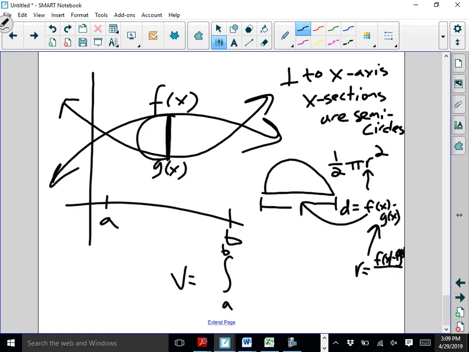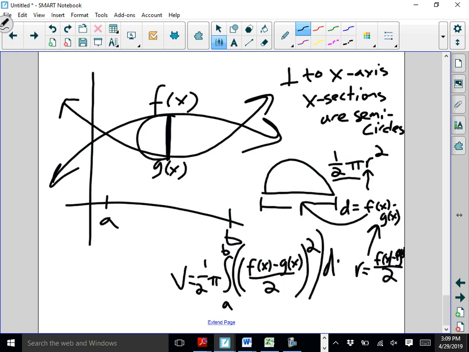Half pi can go out front. Then I just have to do radius squared. The radius squared is f of x minus g of x, that's the diameter, divided by 2 makes it the radius. Squaring it and adding dx gives me that volume.